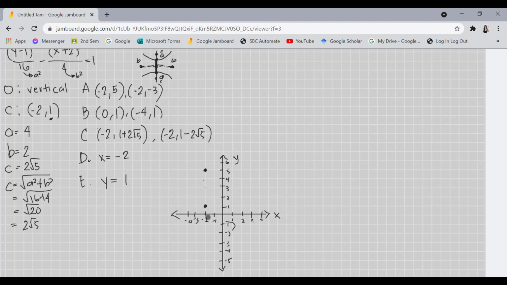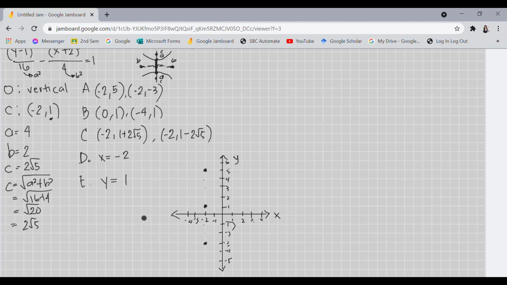So, we have 1, 2, 3, 4. I'm sorry, 4 lang pala. Sorry, hindi 5. So, we have 4 units down. We have 1, 2, 3, 4. Okay? So, we have here -2, -3. Okay? Again, 4 units up, 4 units down.